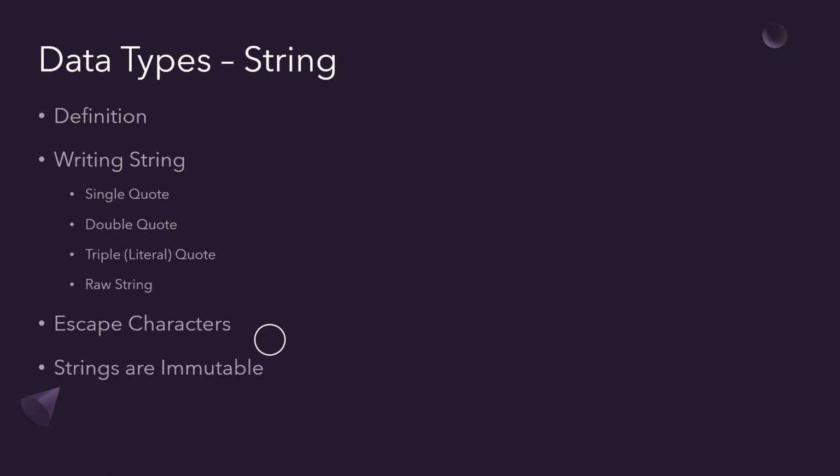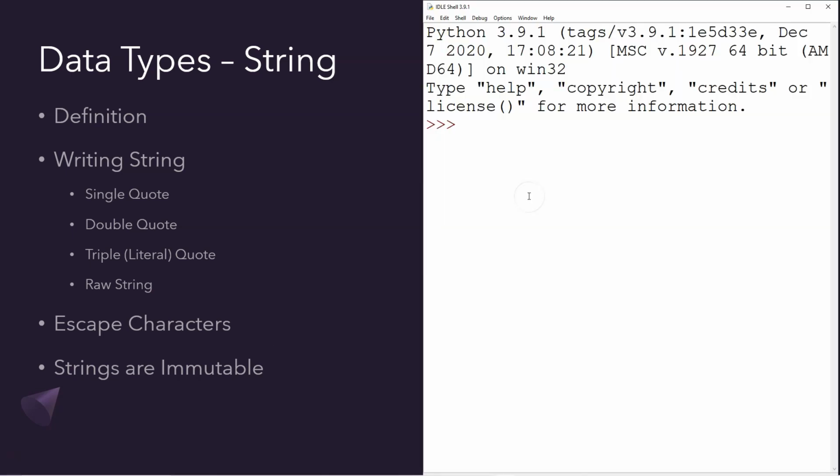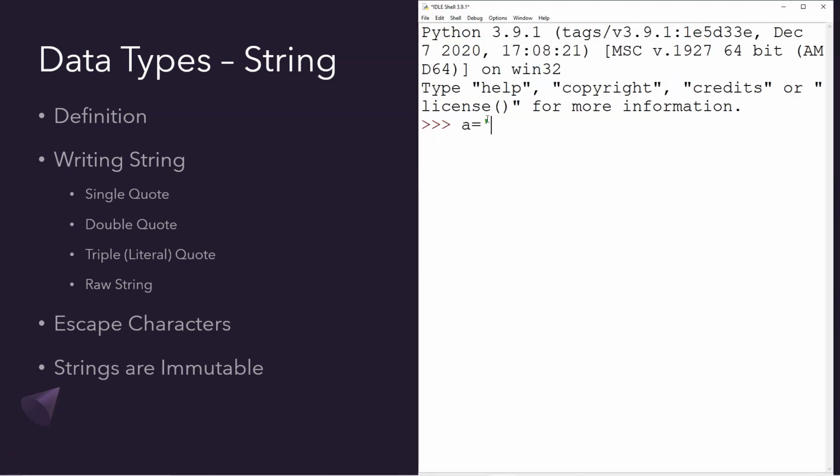Next we want to cover is that strings are immutable. What that means is that strings cannot be altered. So let's say A is defined as apple. Here apple is a string. In Python, a string is considered as a list. So for example, if I say A[0], it will print A. If I say A[1], it will print B, because the index starts with 0.